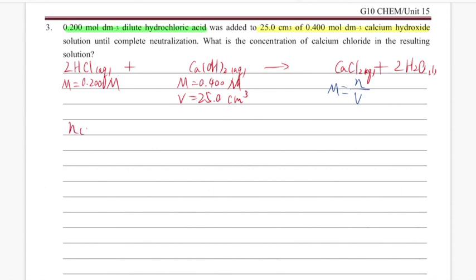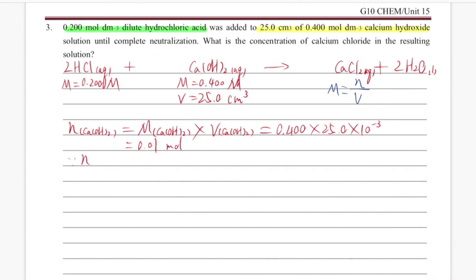So the number of mole of calcium hydroxide should equal its molarity multiplied by its volume. So it would be 0.400 multiplied by 25 times 10 to the power of minus 3, which would be 0.01 mole.